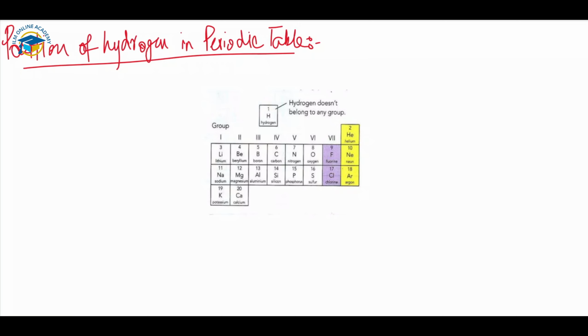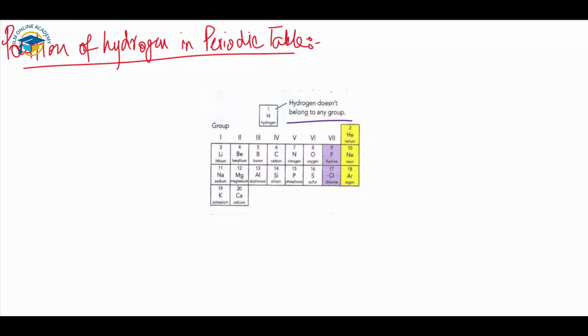Hydrogen is very difficult to place in the periodic table. There are different versions that place it above group 1 or above group 7. More often in modern periodic tables it is left by itself. As you can see here, hydrogen does not belong to any group. Why does it not belong to any group? Just because of its properties.